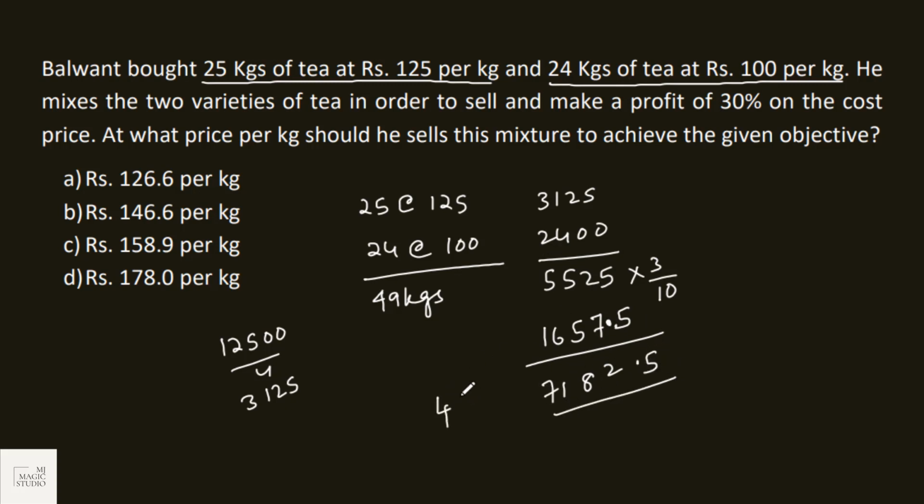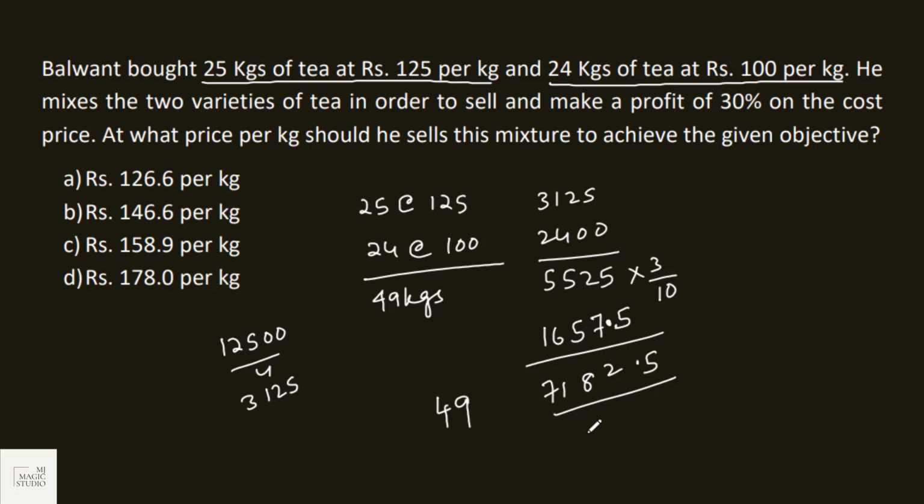7182.5 would be the total price for 49. Now, I can see that all options are quite different in amount. If I divide 7182 by 50, I'll get an answer which is very near to these options. Dividing by 50 means multiplying by 2 and dividing by 100.